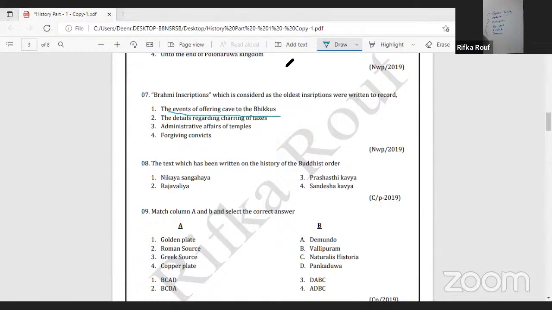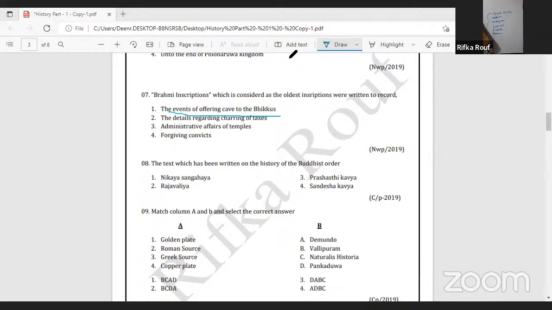Children, remember, offering caves to the bhikkhus was considered one of the proud services, because at the beginning, when Buddhism was introduced to Lanka, there were no buildings, temples or monasteries.